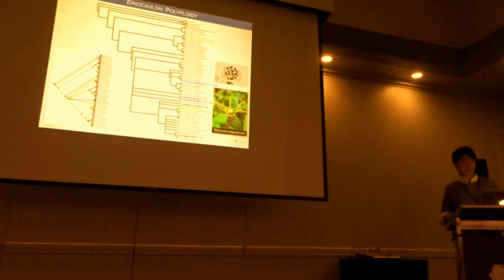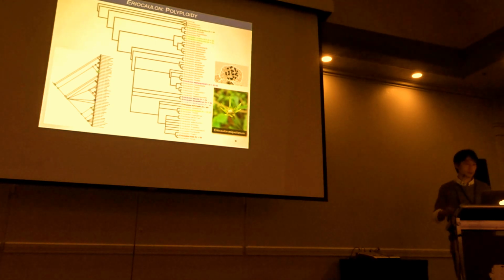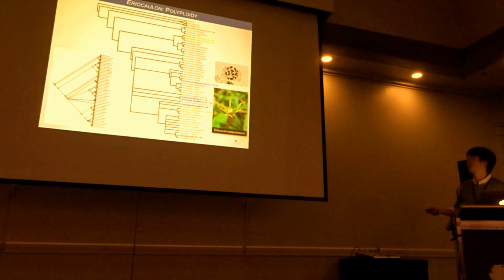And the last question is polyploidy. And then I got data from literature. Say this species has 36 chromosomes, 32 chromosomes species here, and 32, 64, 24, 24, 80, and it's kind of chaos at this moment.